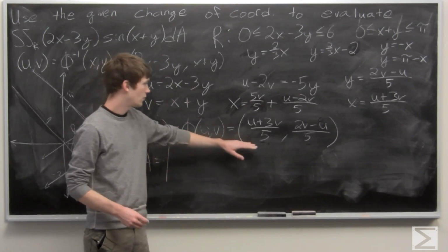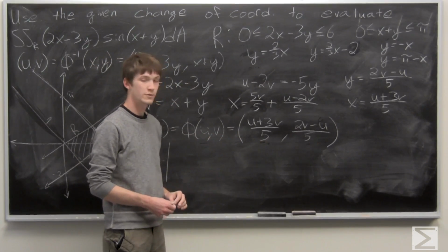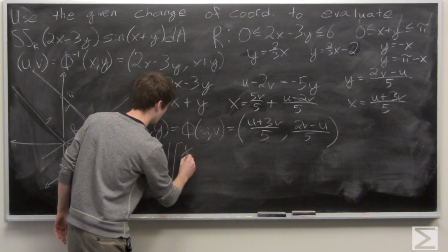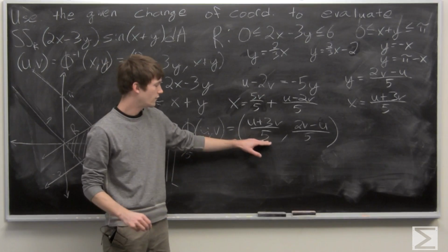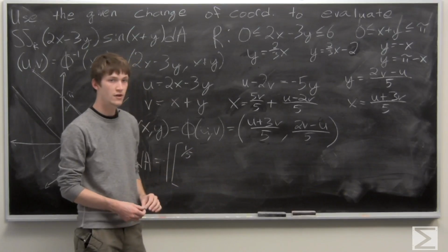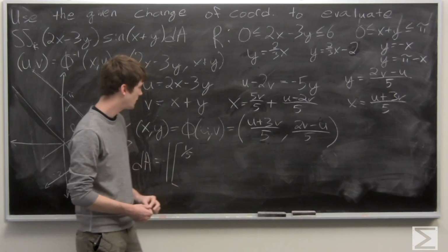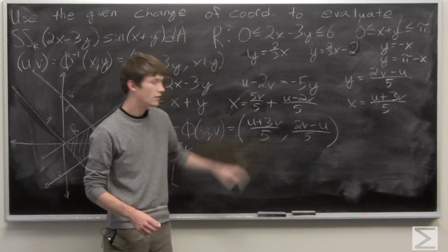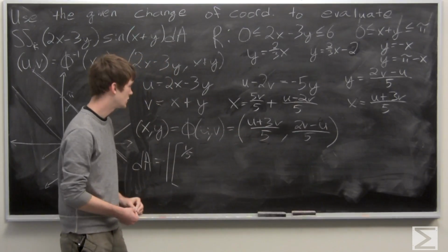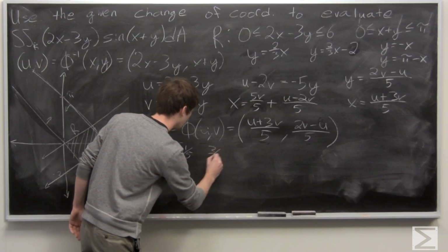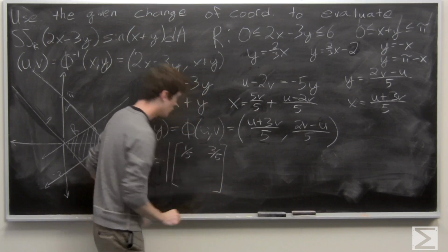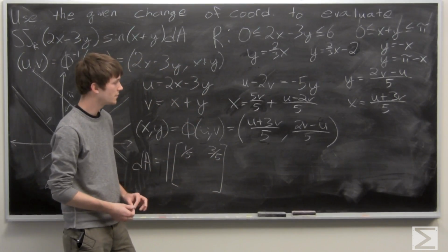And so we'll take our partial derivative with respect to u first. So partial derivative of u in our first component is u over 5, which is 1/5. Partial derivative with respect to v is 3/5 v, which is just 3/5. So our first row is 1/5, 3/5.